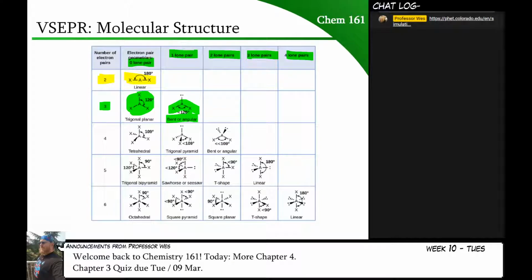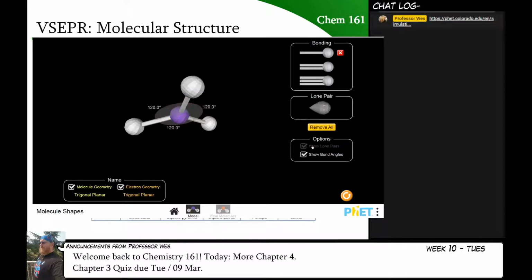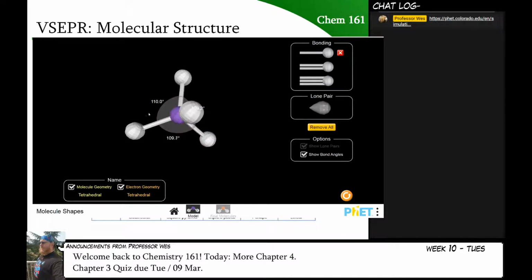And so let's just go through the entire chart and show you all the possibilities here. So we'll put this back on, and we'll do 4. So here's 4. So if I have 4 electron domains, but 0 are electron pairs, my molecular shape is tetrahedral.